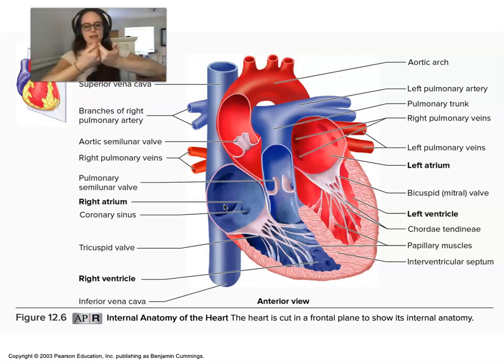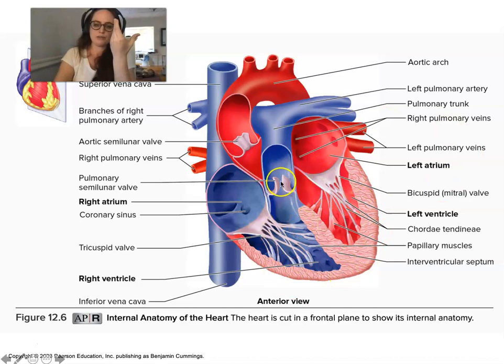With the semilunar valve, when the ventricles contract, these squeeze the heart from the bottom like a tube of toothpaste. And so they're oriented in this direction, which means once you squeeze that tube of toothpaste, they're going to be opened up. But when the ventricles relax, and any blood tries to go back into those ventricles, it's going to get caught on those cusps, and it's going to close again.